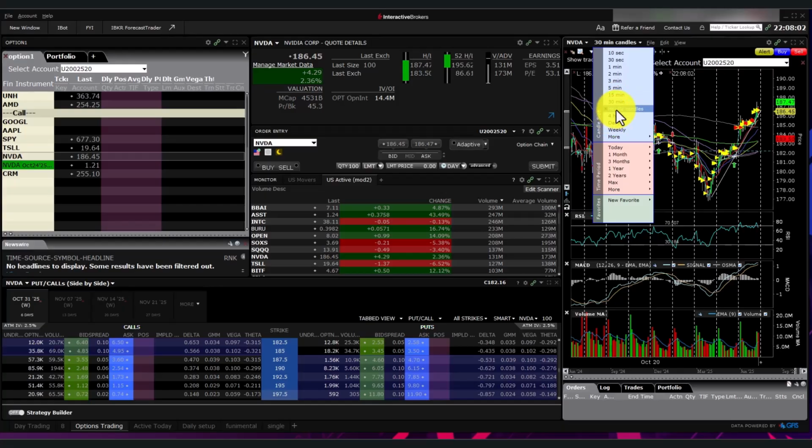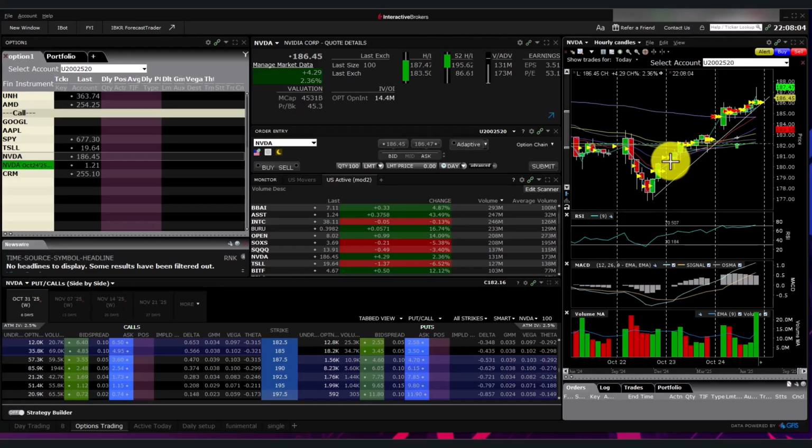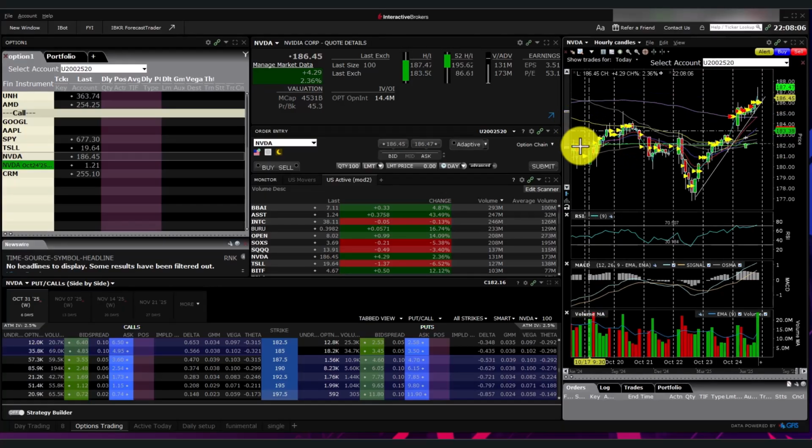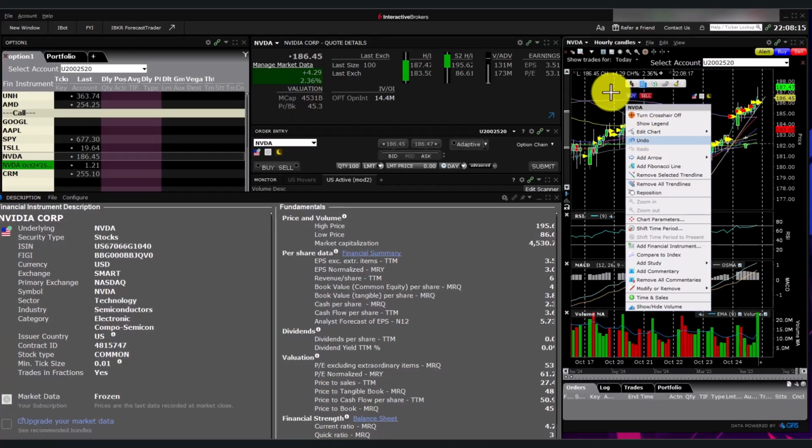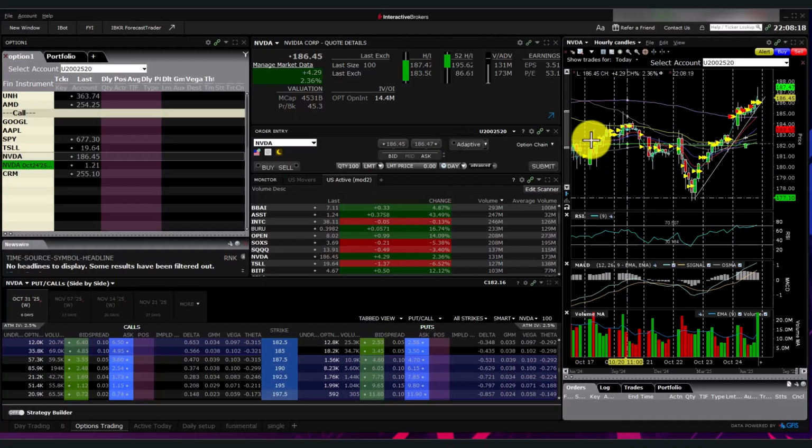I like to look at the hourly, but I can get the sense. So for NVIDIA, every one of these white columns, oh, my computer freezes, this here is 1 day. So this is 1 day, 2 day, 3 day, 4, 5, 6. That's 1 week.